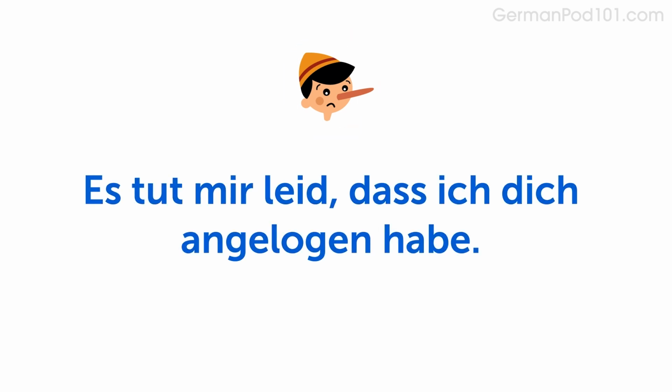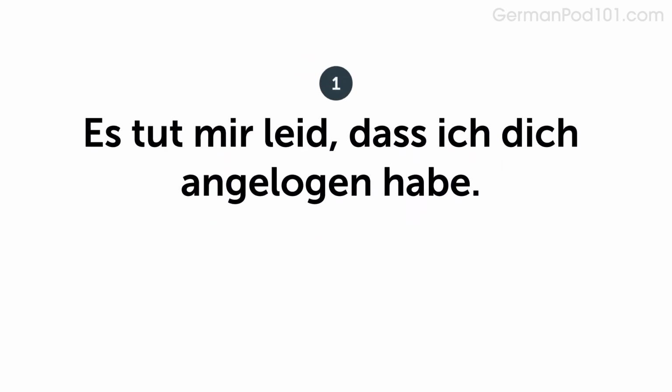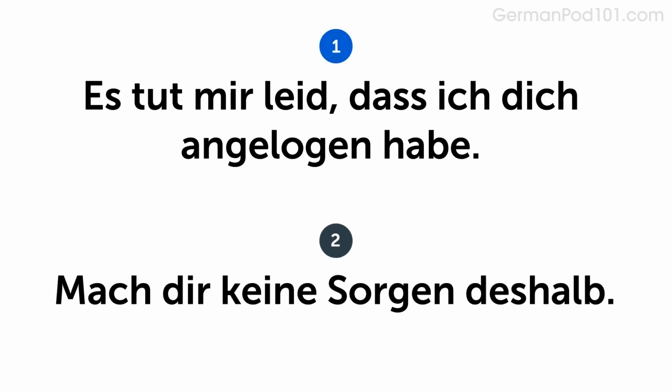Es tut mir leid, dass ich dich angelogen habe. Now say you're sorry for lying and respond to it. Es tut mir leid, dass ich dich angelogen habe. Mach dir keine Sorgen deshalb.